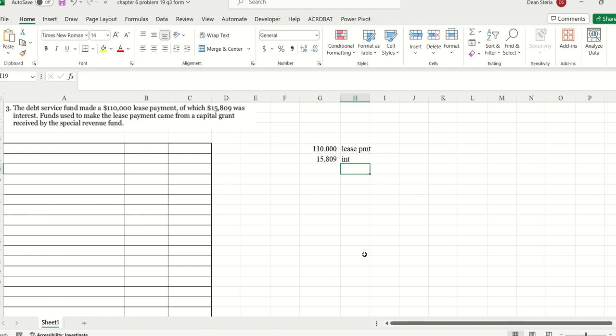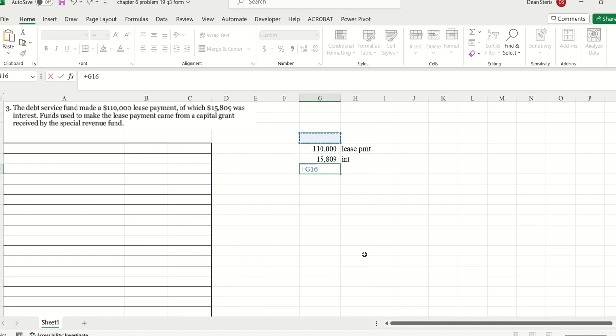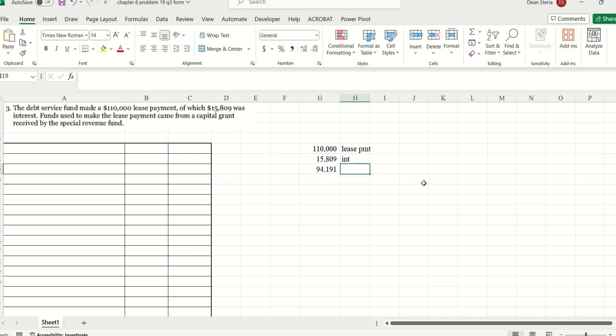Funds used to make the lease payment came from a capital grant received by the Special Revenue Fund. There's one more thing we can do here because we have the lease payment, and if we subtract the interest, that means that's the principal that is going to go against the lease.